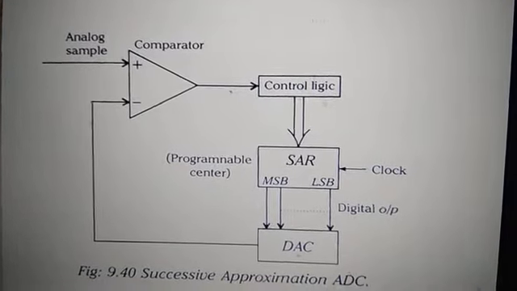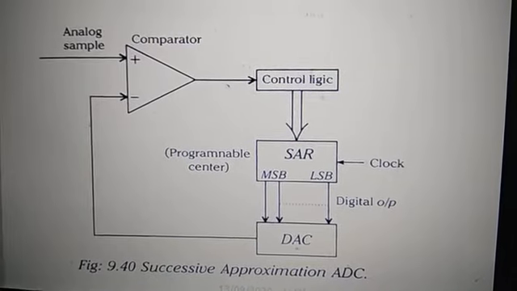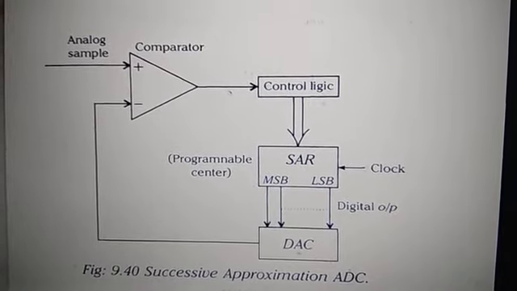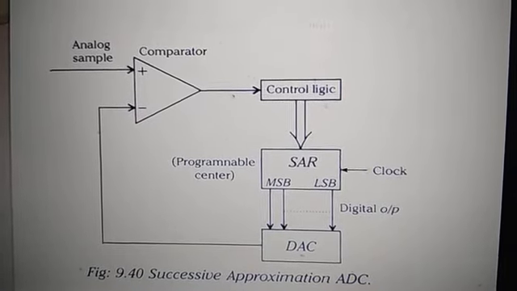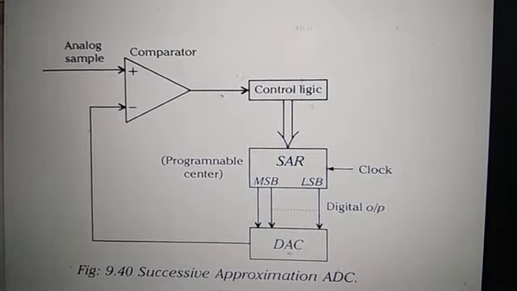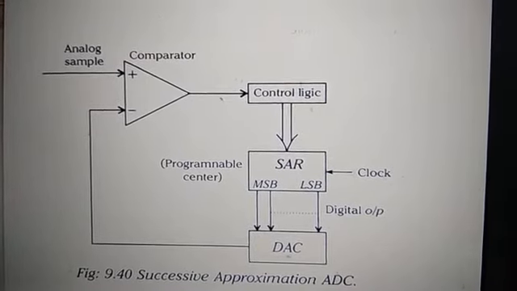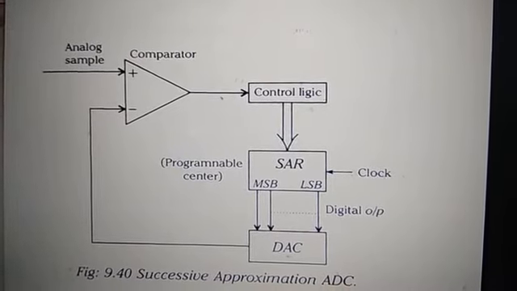This digital output is connected to the D2A converter, and D2A converter will provide the analog output. Again, this analog output will be compared with the analog input, and again the output of the comparator is applied to the control logic.